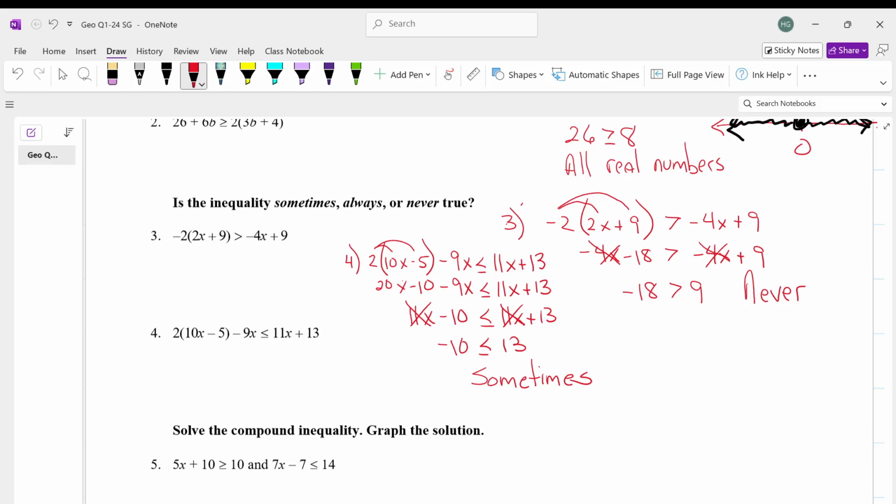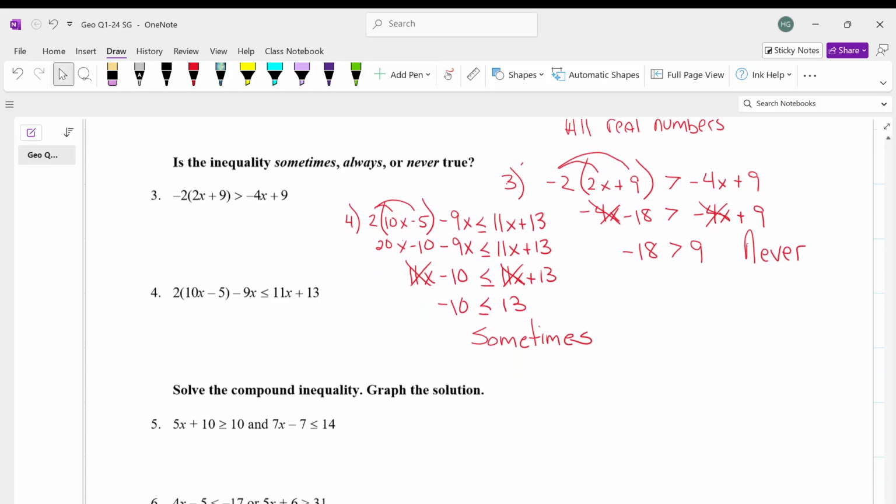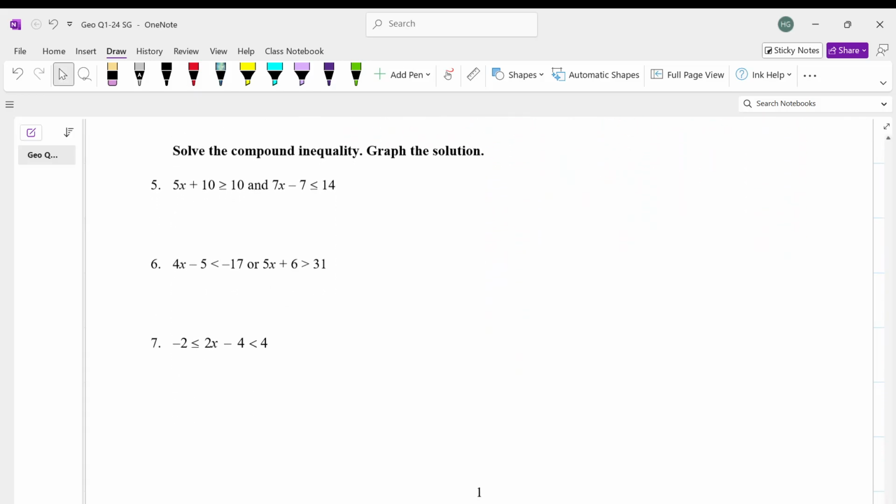All right, then we've got 3 compound inequalities to solve and graph. So number 5, 5x plus 10 greater than or equal to 10, and 7x minus 7 less than or equal to 14.